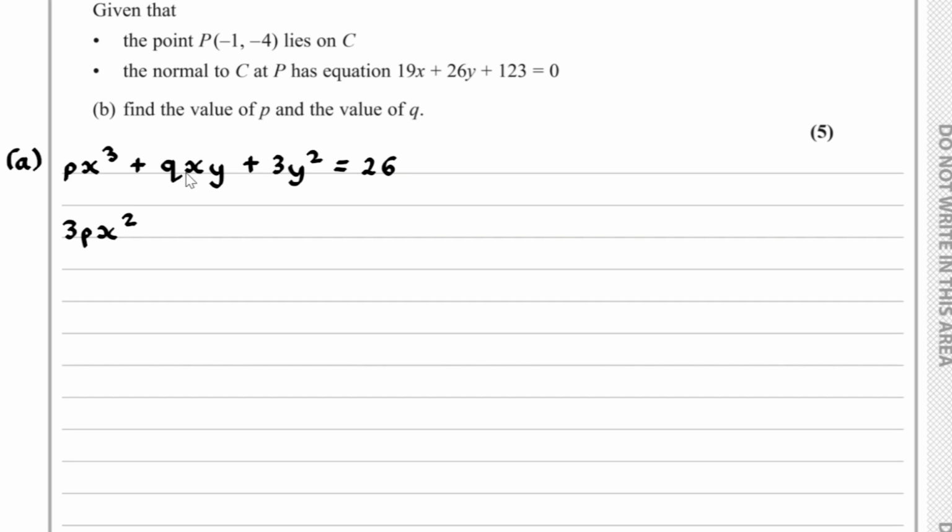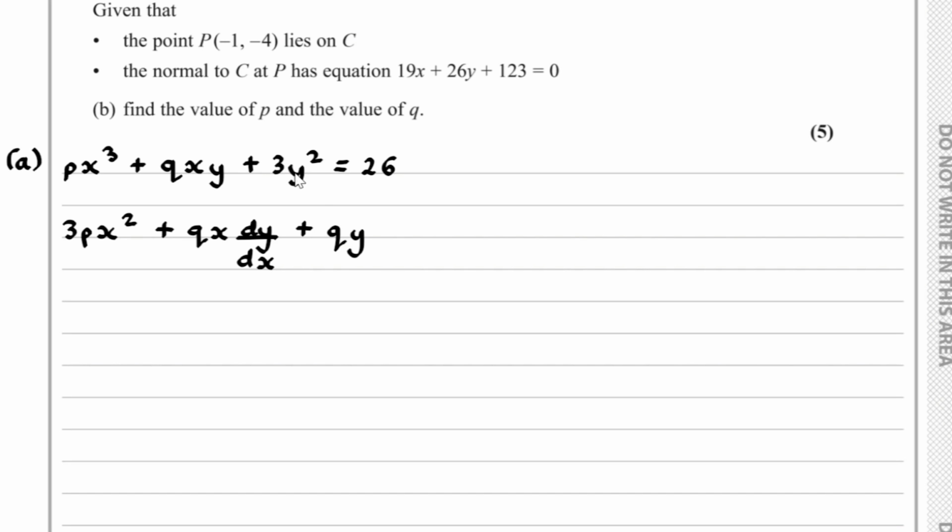Differentiating, we end up with qx times by the derivative of y with respect to x, which is 1 times by dy over dx. And then we add on y, lots of the derivative of qx, so we have qy.